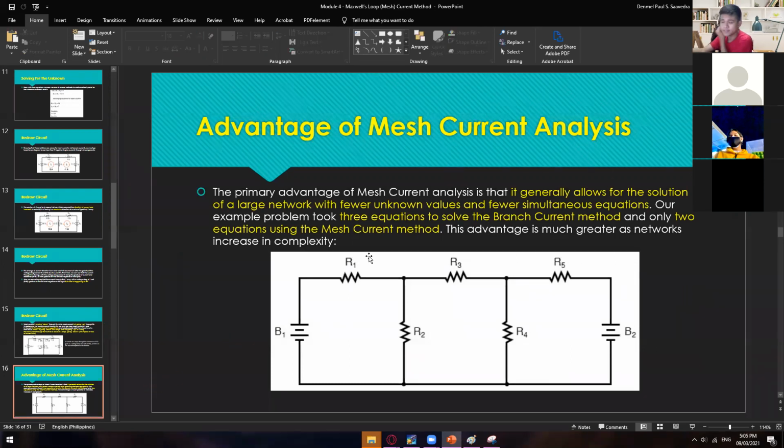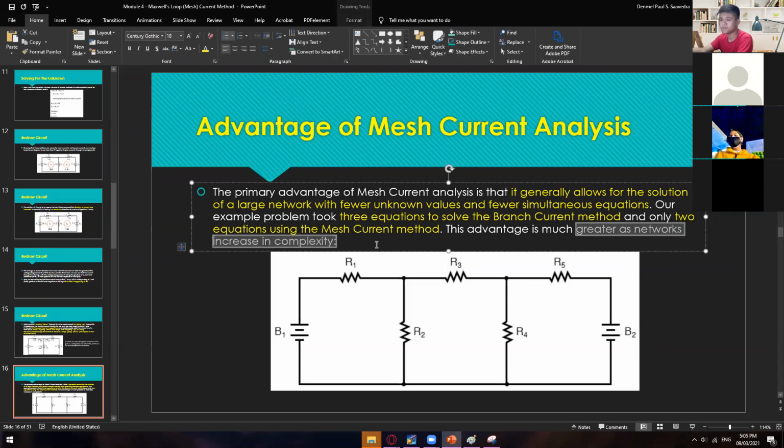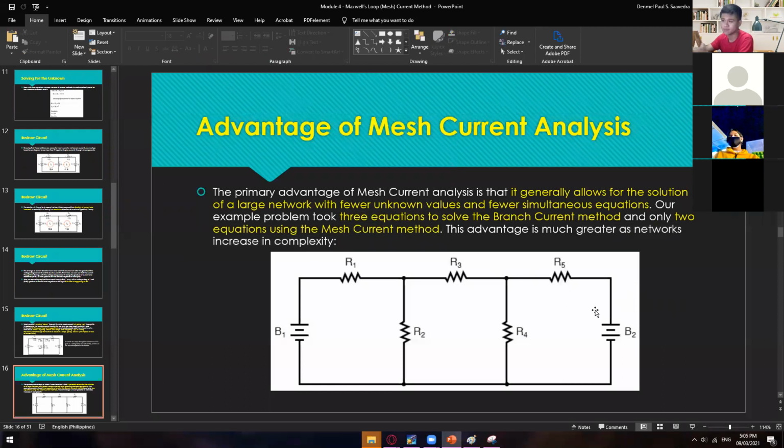This is very true, especially if we have a greater network and an increase in complexity. So the more complex the circuit, the more advisable it is to use mesh current analysis. If it's just up to 3 or 4 equations, you can still use Kirchhoff's law.